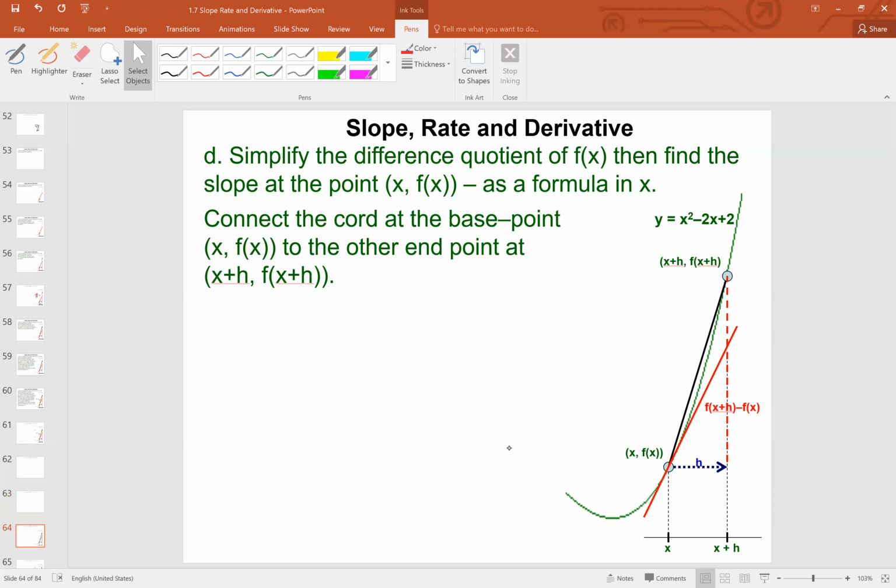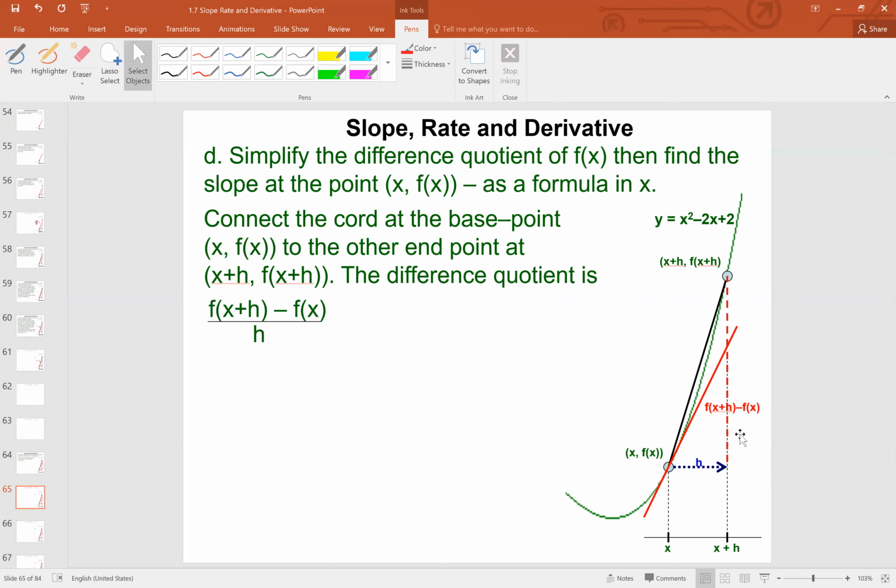We did that from the last sections. Okay, f of x plus h minus f of x, in other words, divided by h. And that's just algebraic calculation. First, we simplify this. Remember, the goal for simplifying this is to cancel the h in the denominator.